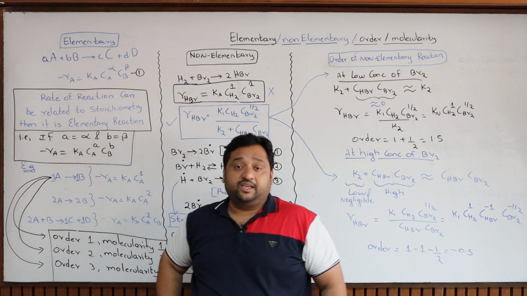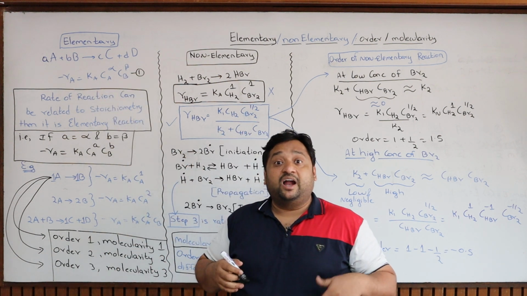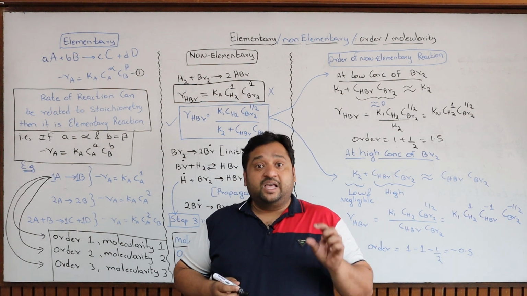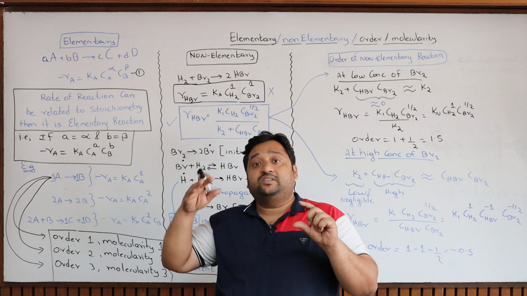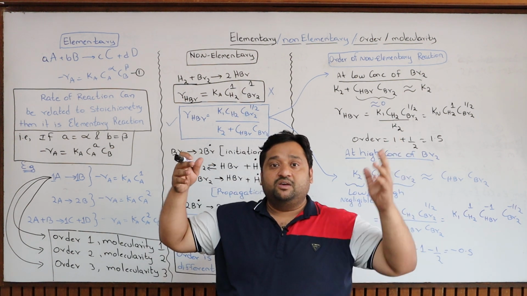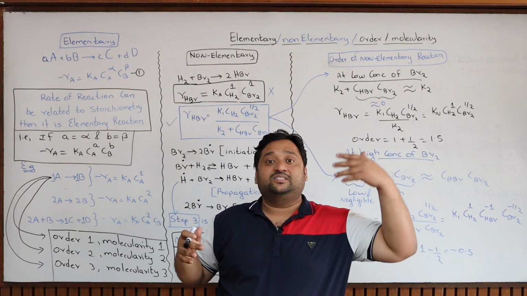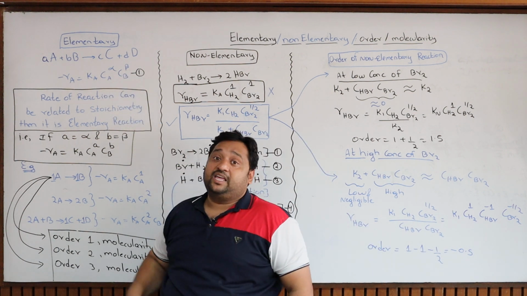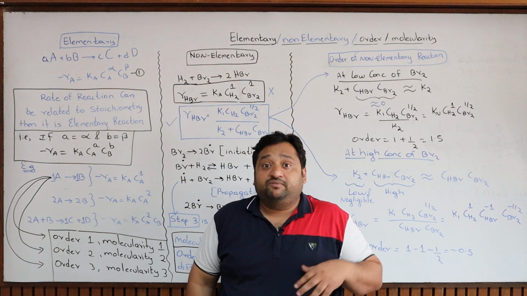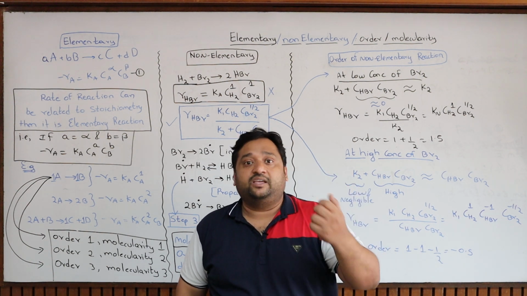If this is the thing, the rate depends on the concentration of A. More is the concentration, more is the rate. More is the concentration of B, more is the rate. That means if alpha is higher and beta is higher, the dependency of the speed of the reaction will be higher.